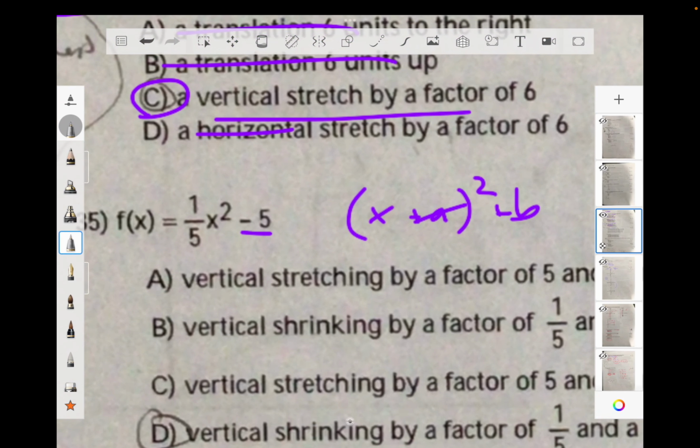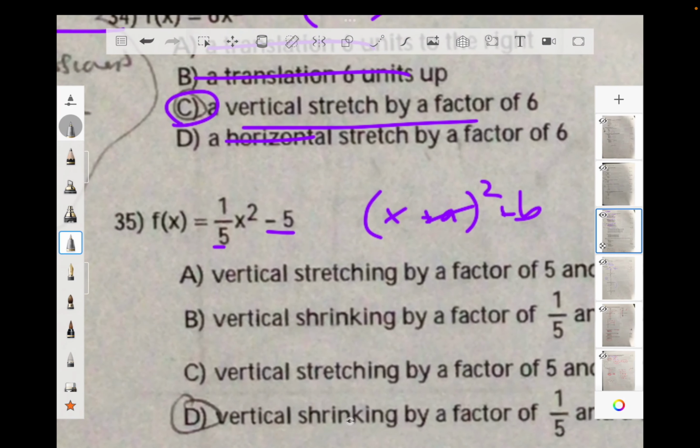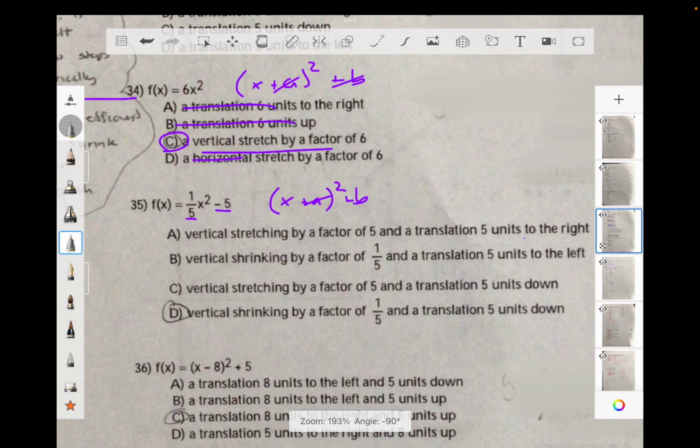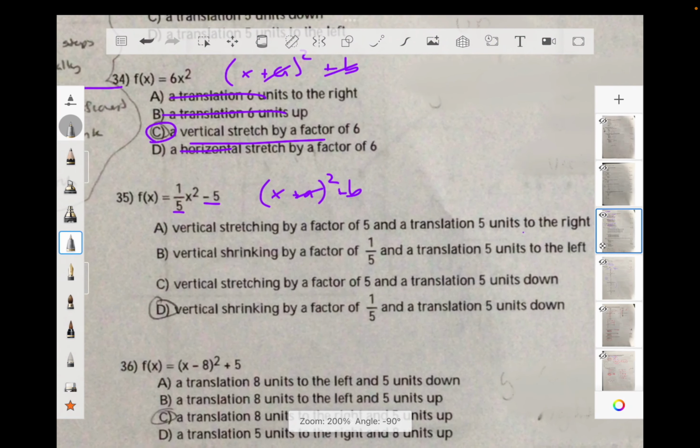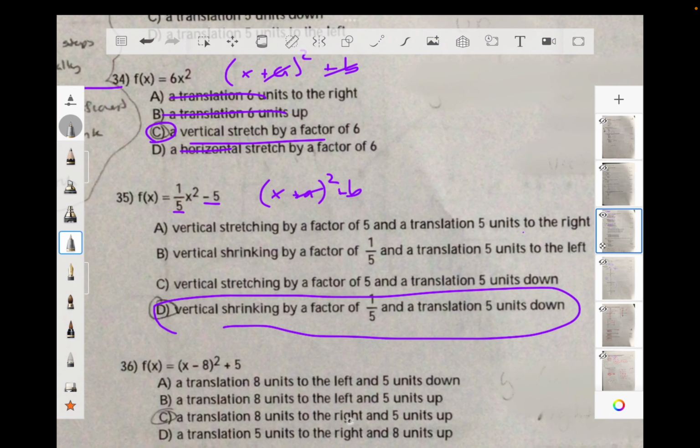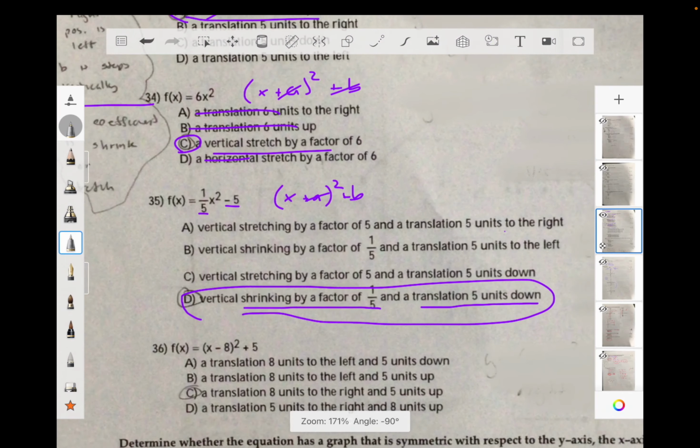So b is negative, so we know it's going to translate downward 5, and 1/5 is less than 1, so we know it's going to shrink. So which one has 5 units down and shrink? It's going to be D. So a translation 5 units down and a shrinking by 1/5.